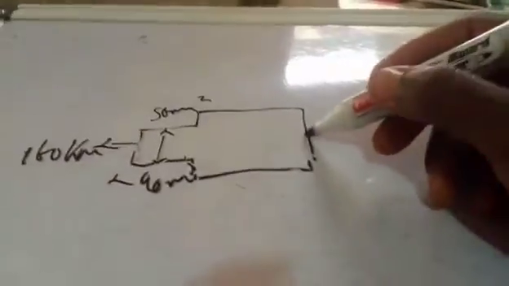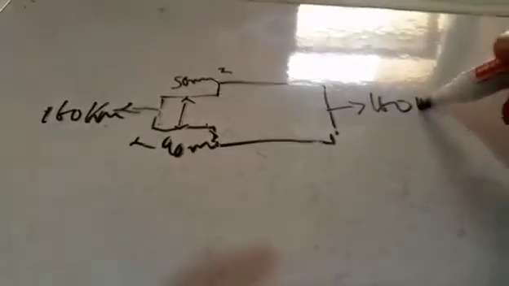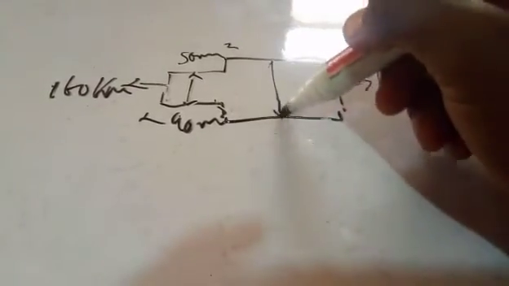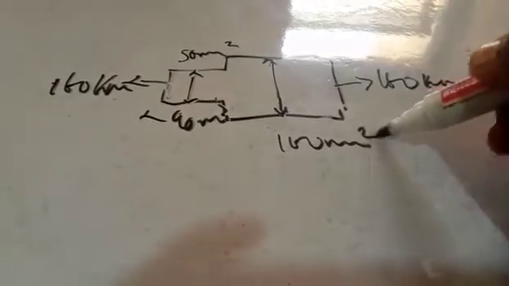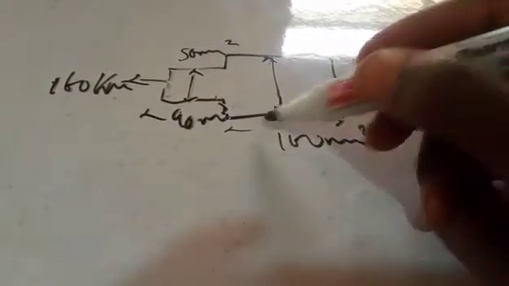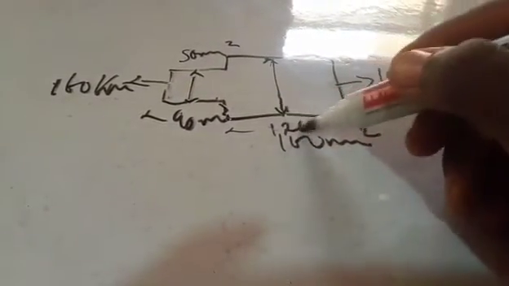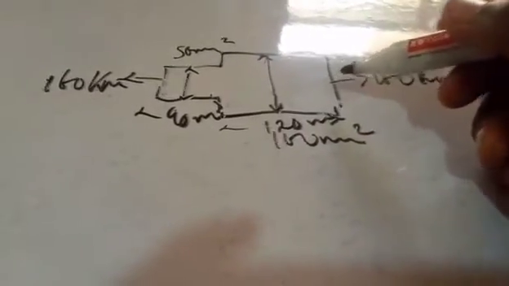If you remember from the last video, if the force is going this way and in the opposite direction, it's a tensile force. The area here is equal to 100 millimeter squared, and the distance from this end to this end equals 120 millimeter.